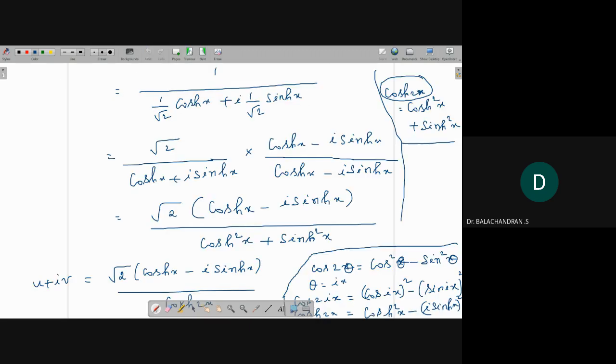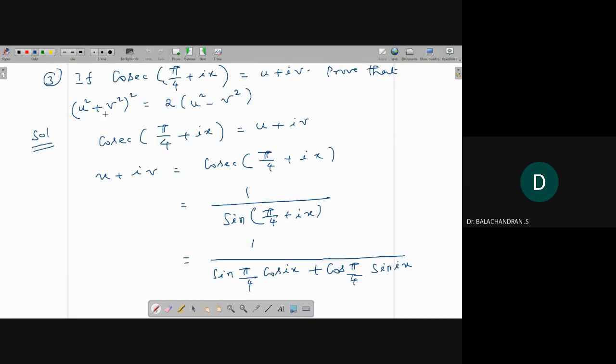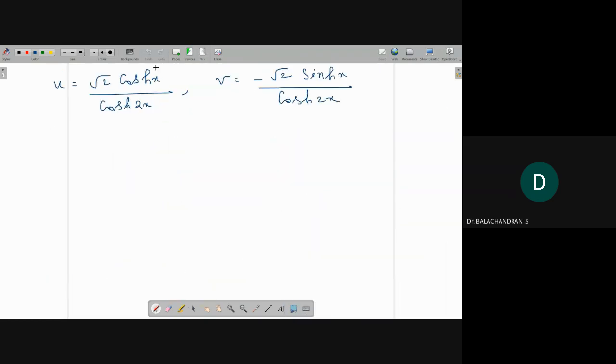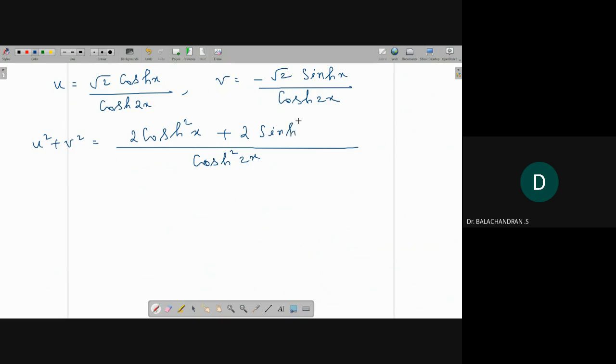And then, again, what we need. The left hand side, you have (u square plus v square) whole square. So that's why I'm going to find u square plus v square. So u square, the denominator is same, cos h square 2x. The numerator is, if you square this, you'll get 2 into cos h square x plus 2 into sin h square x.